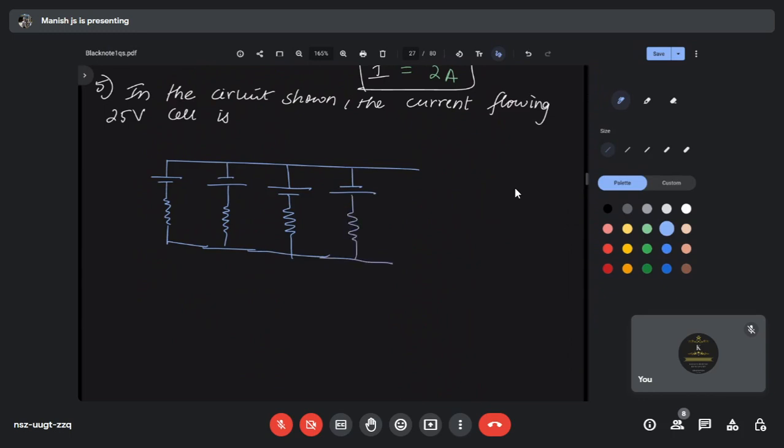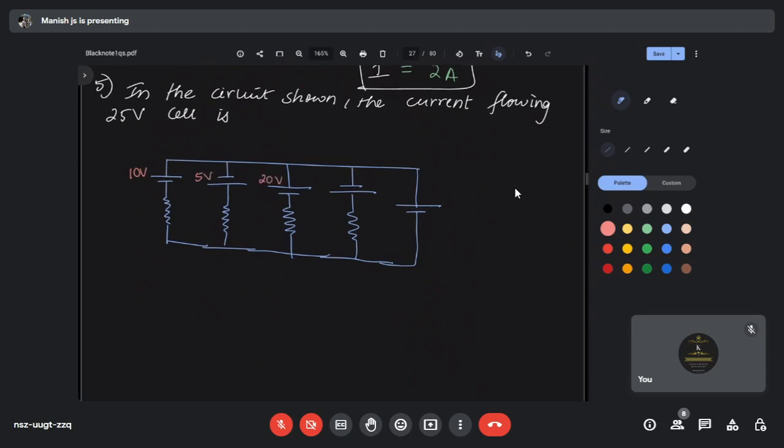Look at this. Now I'm giving the values. This is 10 volts. This is 5 volts. This is 20 volts. This is 30 volts.